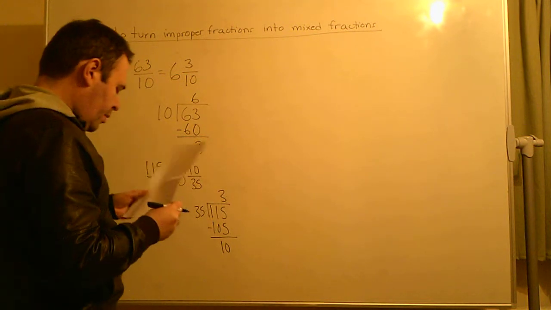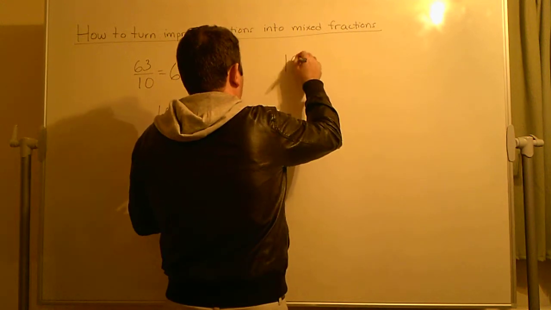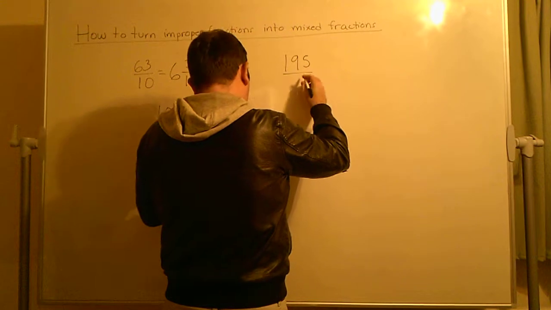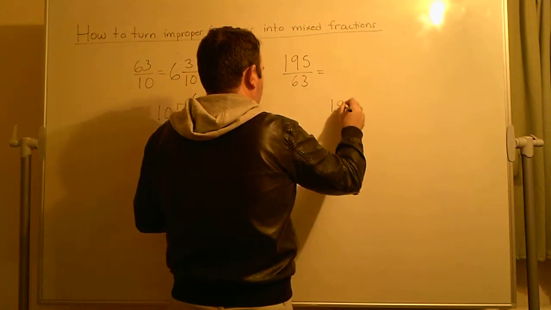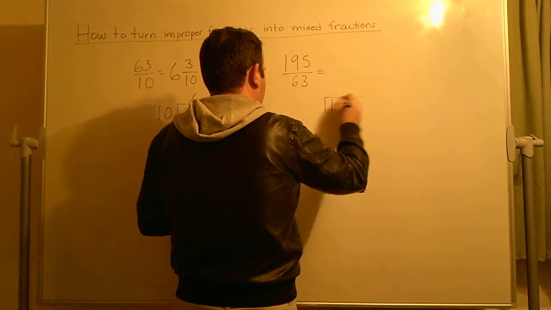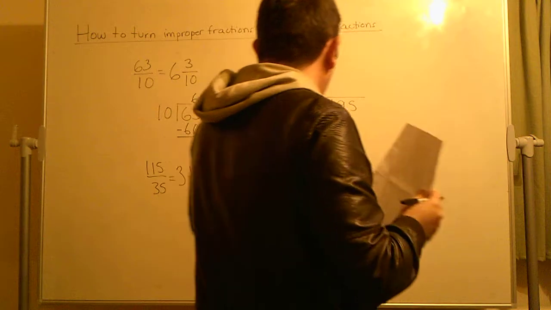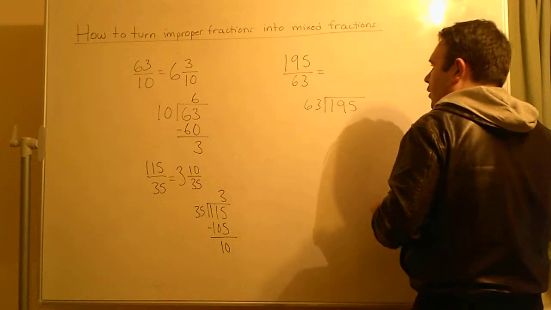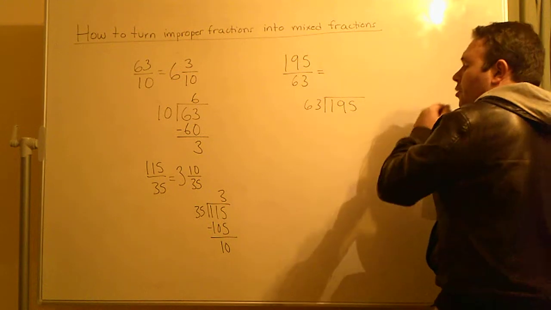And one last example. 195 divided by 63. How many times do 63 go into 195?